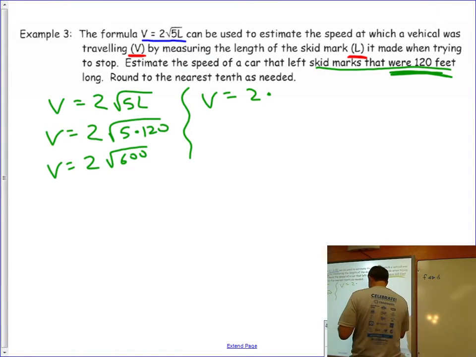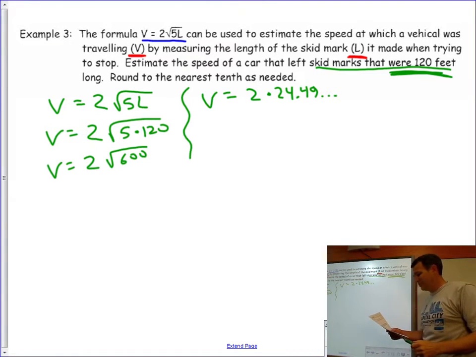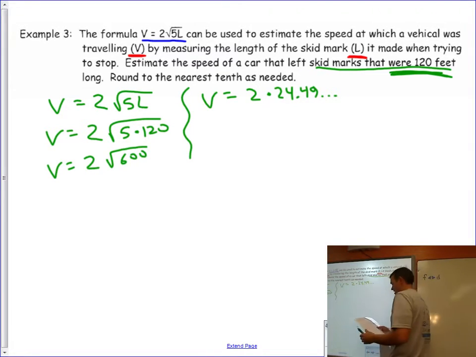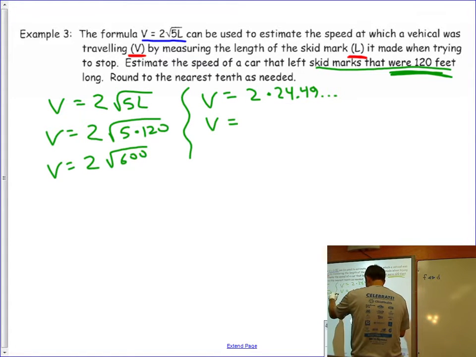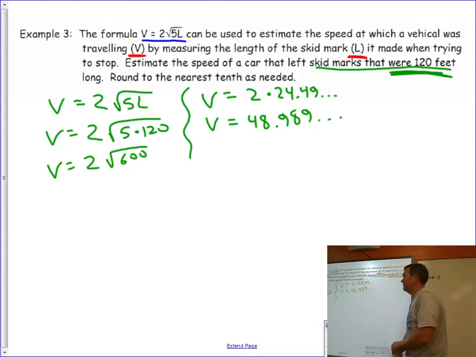The square root of 600 turns out to be about 24.49, and it keeps going. It's an irrational number. So now my answer is going to be an irrational number. And when I multiply 2 times this irrational number, I get 48.989, and it keeps going.